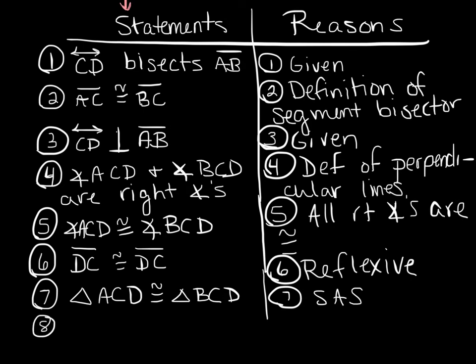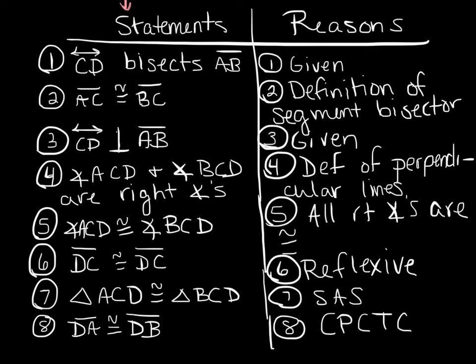So we need one more step. DA is congruent to DB. Our favorite 5 letters, CPCTC. Corresponding parts of congruent triangles are congruent. So now that we've proved the perpendicular bisector theorem, we can use it.